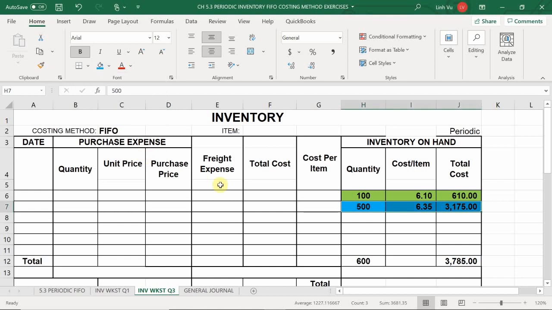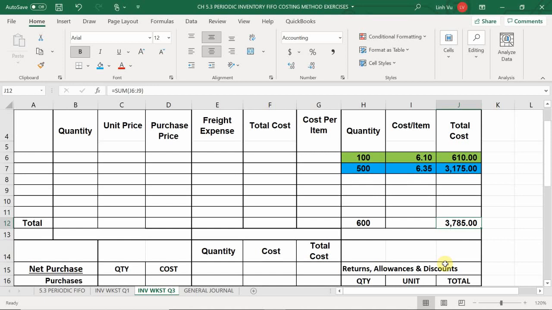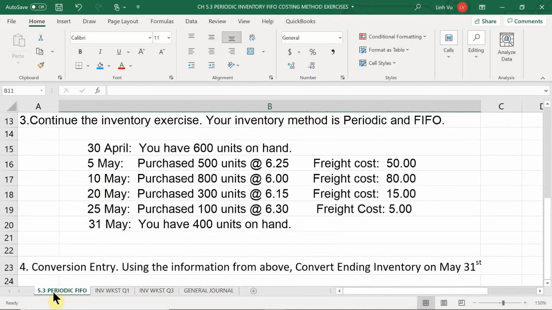At how much? What was my per unit cost? $6.25. And how much was my freight? It's $50. Okay, I'm going to take a second to format my page real quick.